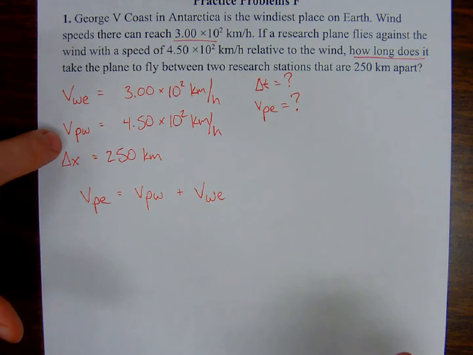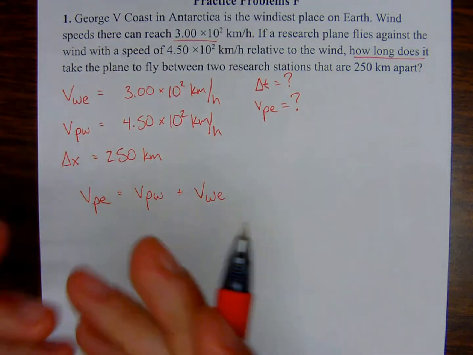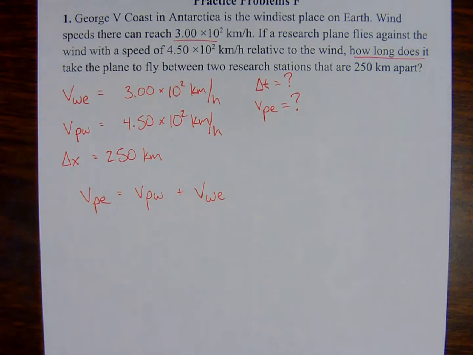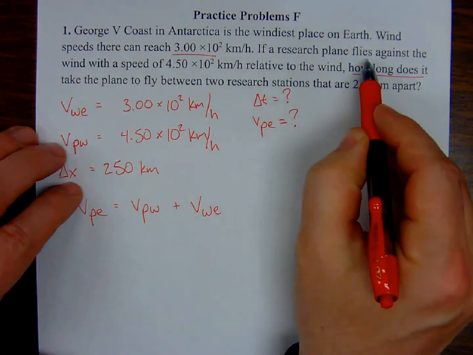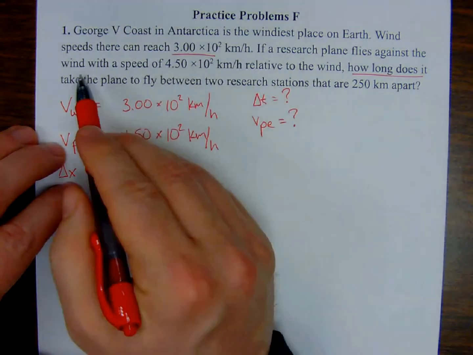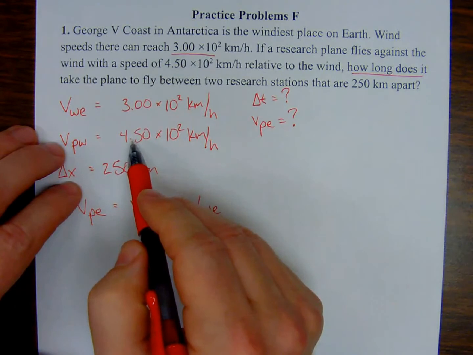We see from the question that the research plane is flying against the wind. Against. So this wind is actually working against the plane. So in order to indicate that they are moving in opposite directions, we're going to have to slap a negative sign on one of them, because we have to represent direction numerically.